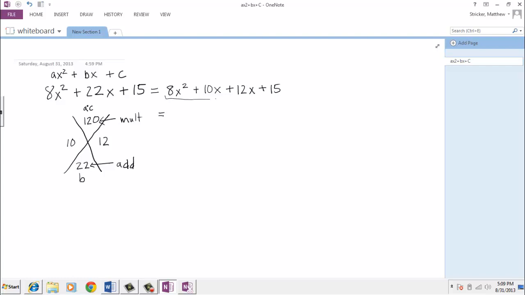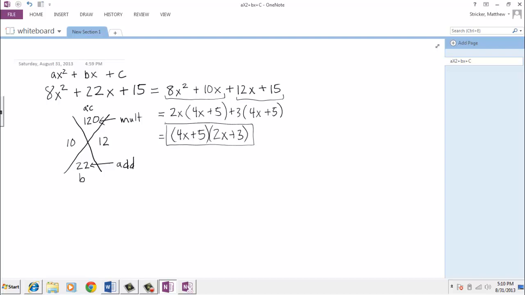In this first group we can pull out a 2x, which leaves us 4x plus 5, and in the second group we can pull out a 3, which leaves us 4x plus 5, which is great because now we have that common 4x plus 5. We can pull out the 4x plus 5, which leaves us 2x plus 3, which is exactly what we had on the other page.